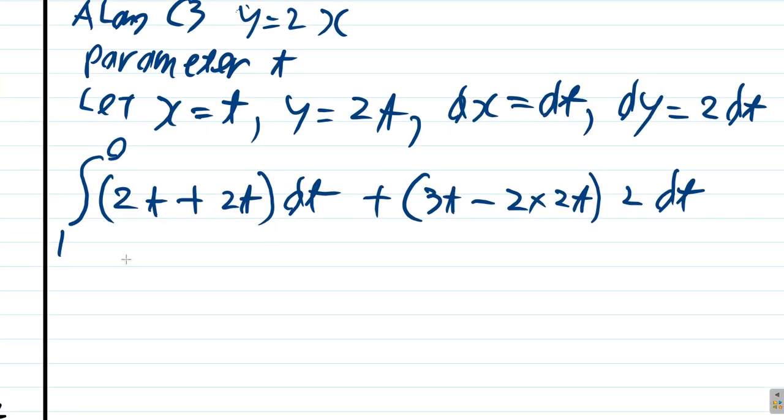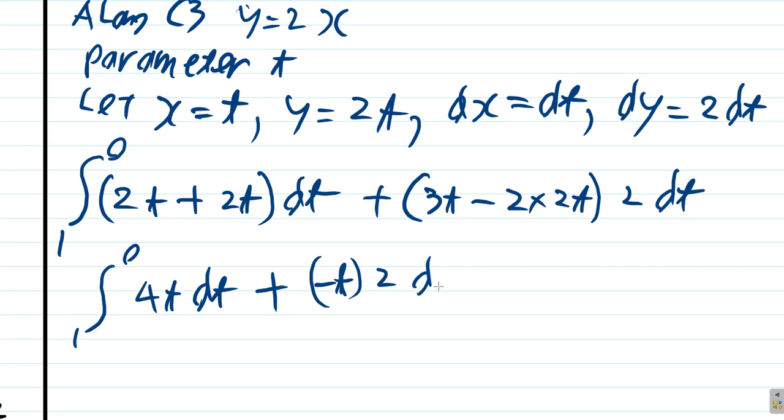So what we have is the integral from 1 to 0 of 2t plus 2t, which is 4t dt, plus 3t minus 4t, which is negative 1t, times 2 dt.